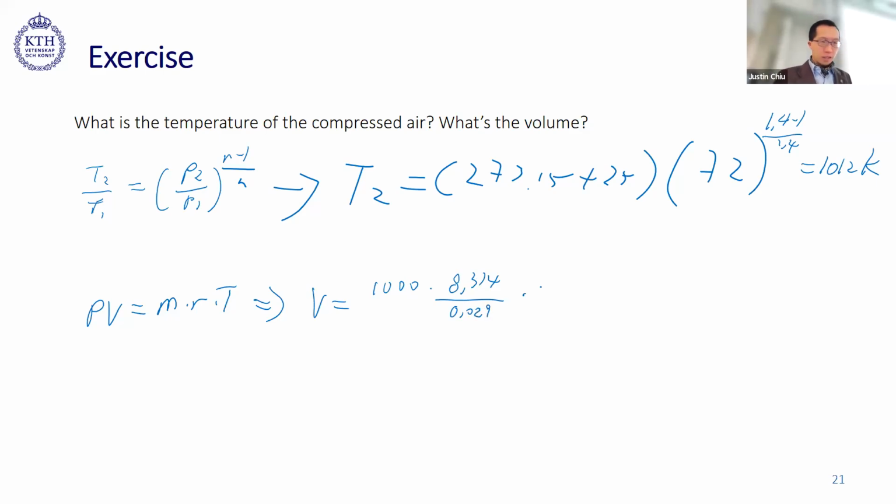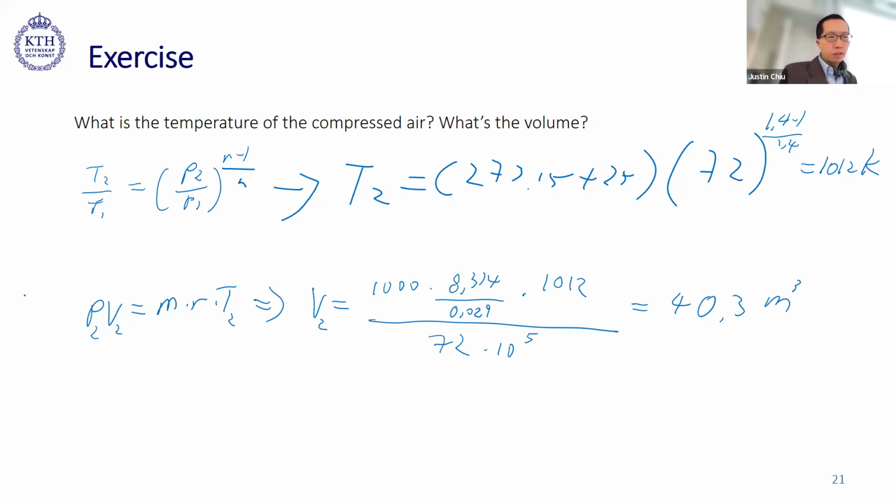And then times the temperature, 1012. And then we divide everything by the pressure, P2, which we want to calculate. So 72 times 10 to the power of 5. And this would give us a volume of 40.3 cubic meter.